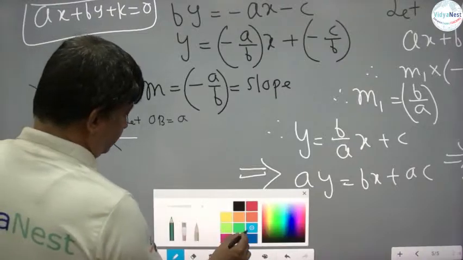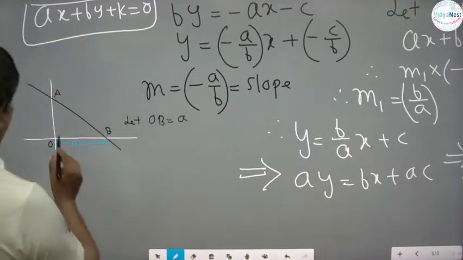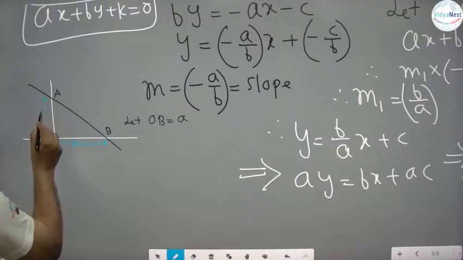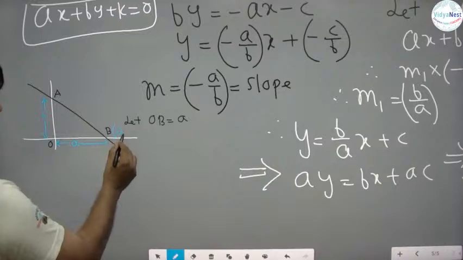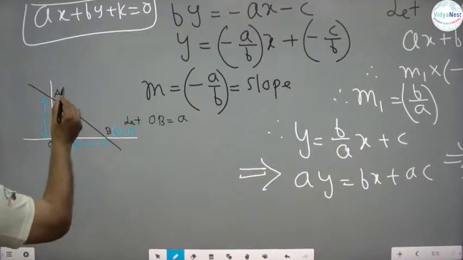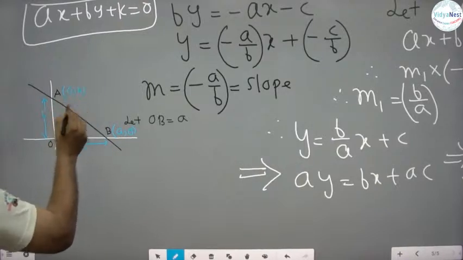So what are the coordinates? A is (a, 0), and B is (0, b).